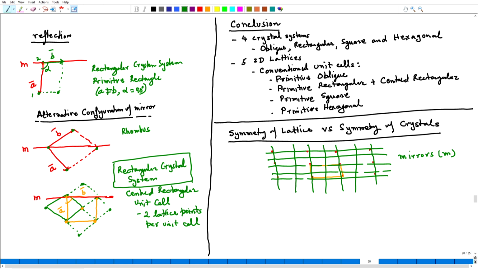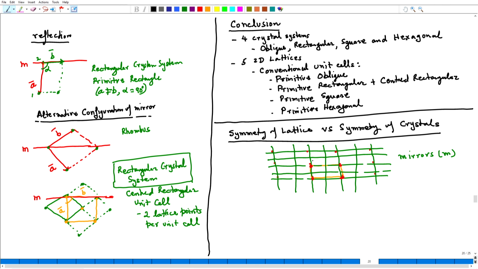Now, what we can do is focus on the unit cell, because the unit cell when repeated creates all the lattice points as well as the symmetries that are present. These are my lattice points at the corners of the unit cell. Does it have any more symmetry? Yes, it does.